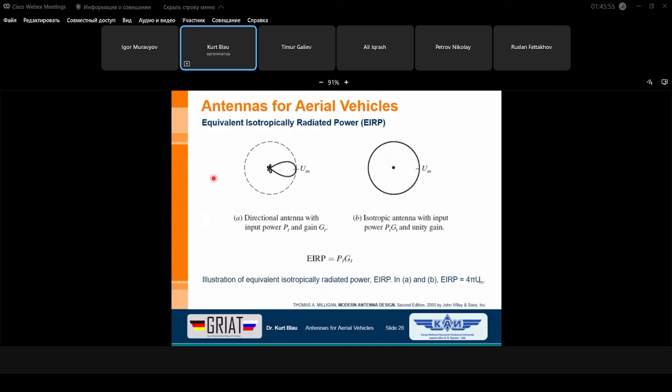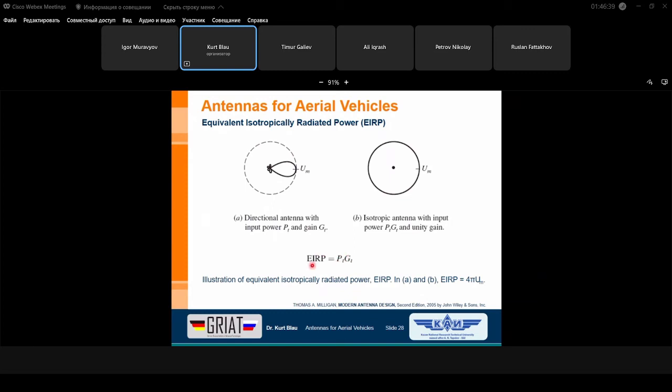If it's printed 20 dBm EIRP, we have to consider the gain of the antenna, and in log scale we have to calculate the EIRP minus the gain of the antenna. Or we can look here at the linear scale: the EIRP is the product of the allowed power and the gain of the antenna, or in other words, the allowed power which you can deliver to the antenna is the quotient of the EIRP and the gain of the antenna.